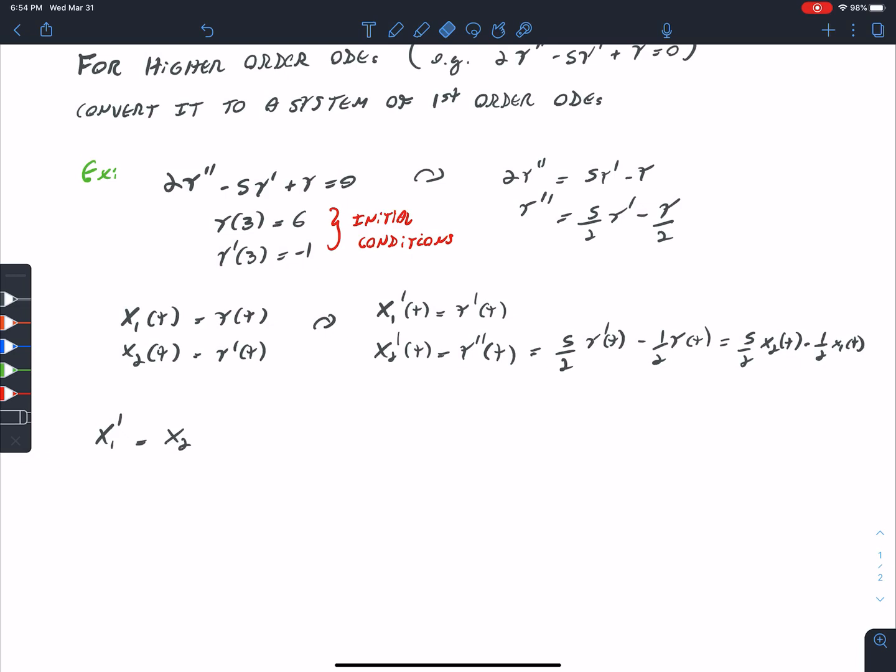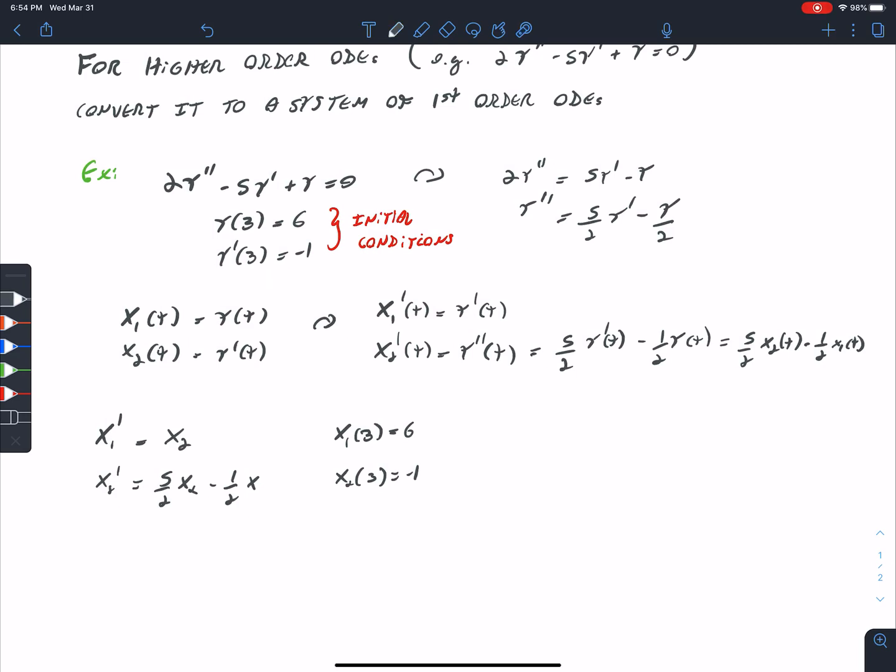And x2 prime equals 5/2 x2 minus 1/2 x1, right? And of course we still have our initial conditions, which will be x1 of 3 equals 6, and x2 of 3 equals minus 1. That's copied straight from this part here.